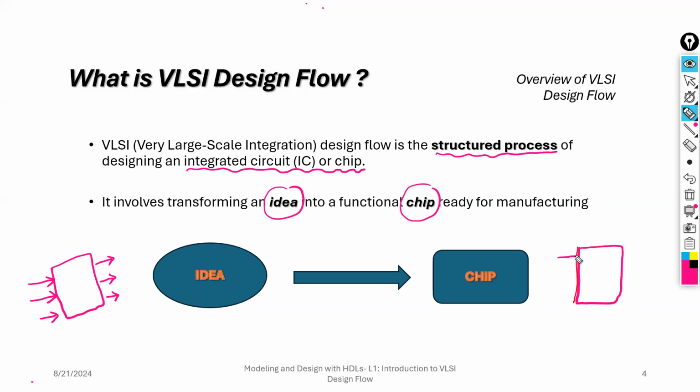The same idea is implemented or realized in the form of a chip. Agreed? But this translation is not a single step process. Okay, it has multiple steps involved in it.